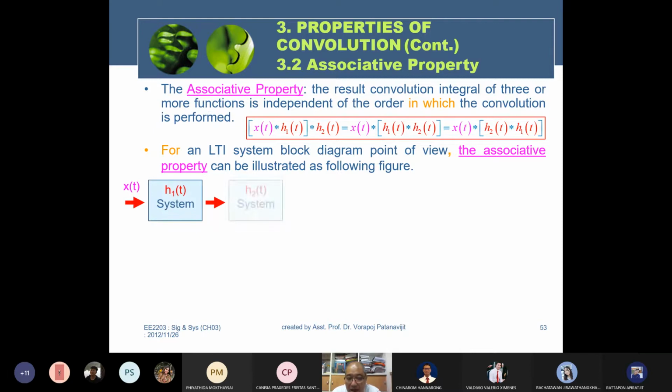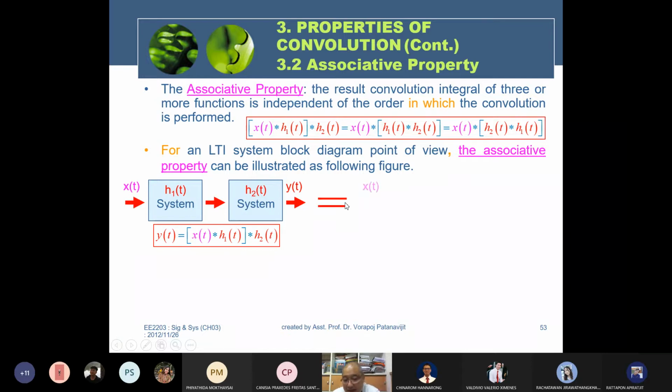The idea of x convolved with S1 and then with S2 is, from the system point of view, x(t) passes through S1, and the output is fed to S2. Therefore, the overall output y(t) equals x convolved with S1 first to generate an output, and this output is fed to S2 again.